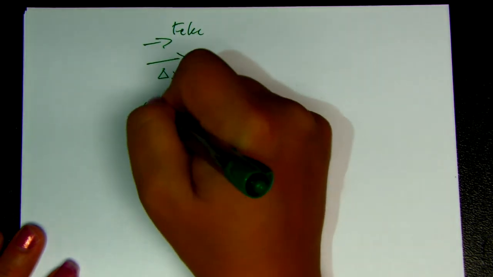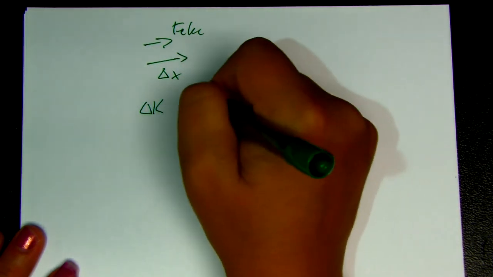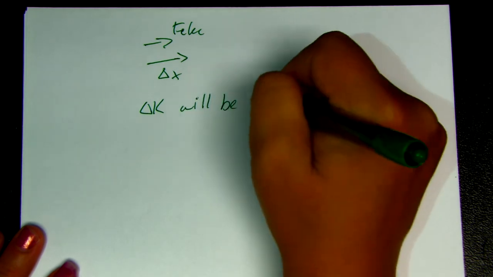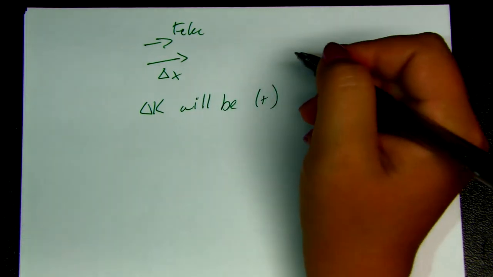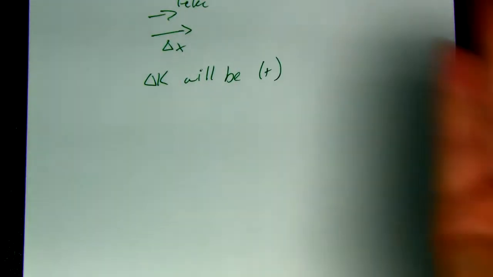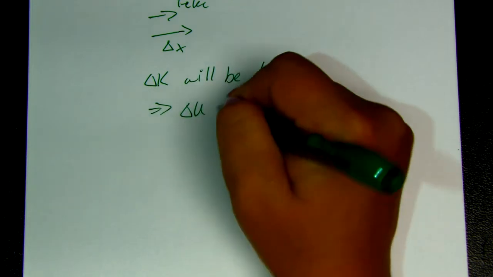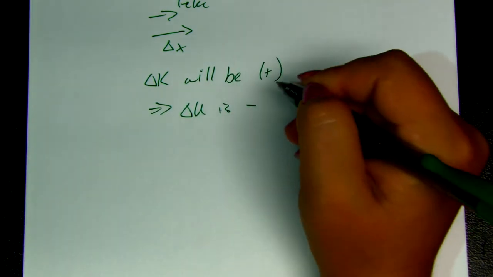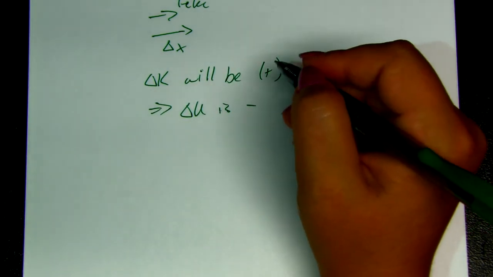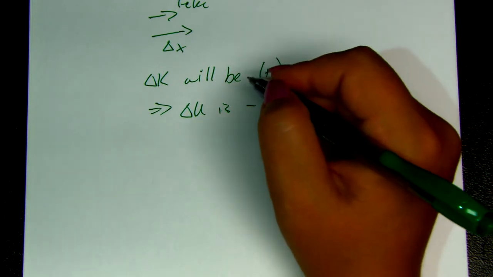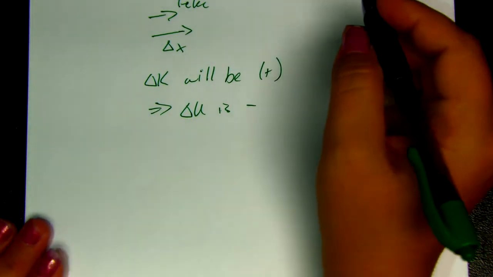So in this case, the change of potential will be positive, if you recall back from last semester. And then because the change in kinetic energy will be positive, and then therefore that implies that the change in potential is negative because they must add up to 0. Okay, so let's go ahead and start calculating things.